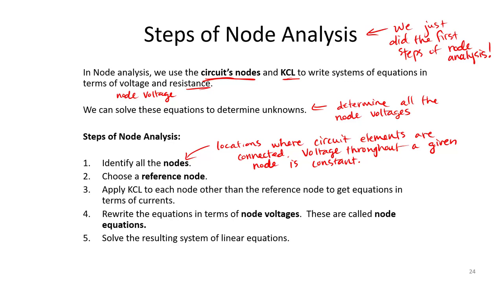Once you have found all your nodes, then you need to choose a reference node. We set our reference node to 0 volts, and all the other voltages are found relative to that reference.